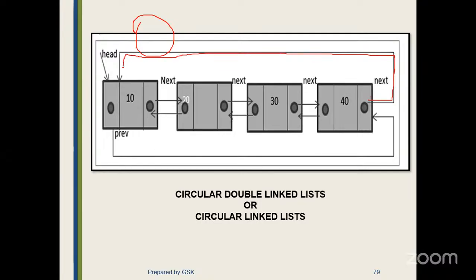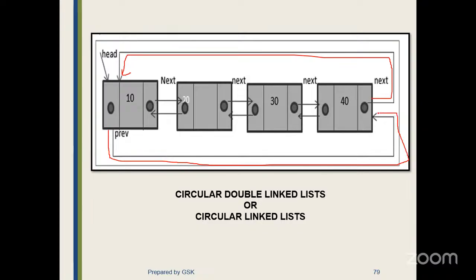Point one: the last node's next pointer is pointing to the first node. And the first node's previous link is pointed to the last node. These are two important points about the circular doubly linked list.